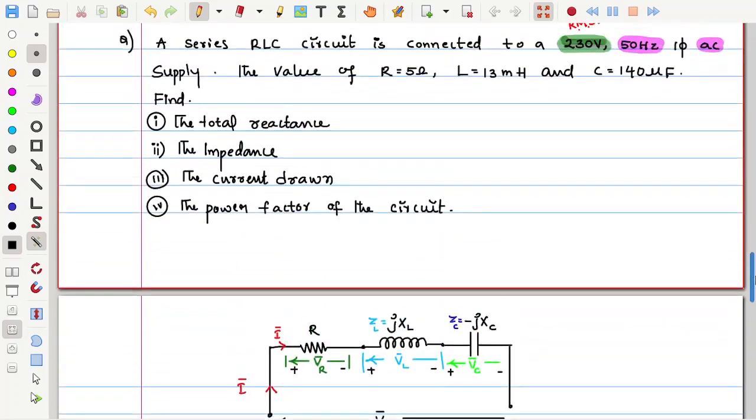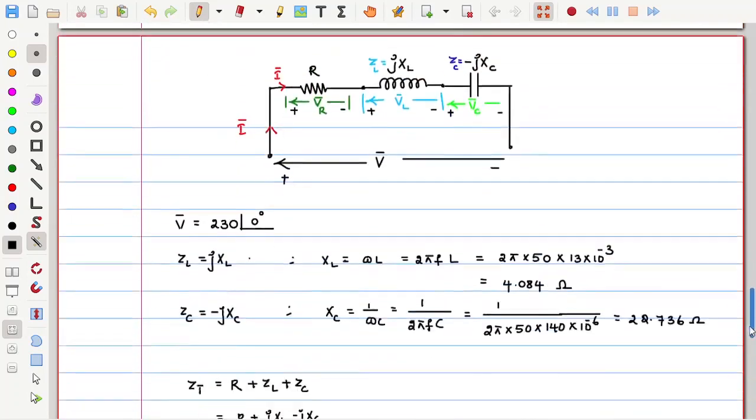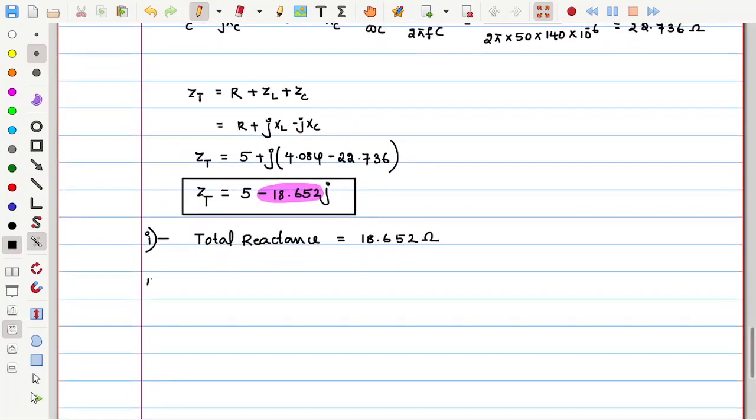And the second one is total impedance. The impedance is already calculated. So the total impedance ZT is equal to 5 minus j18.652, but preferably express this in polar form.